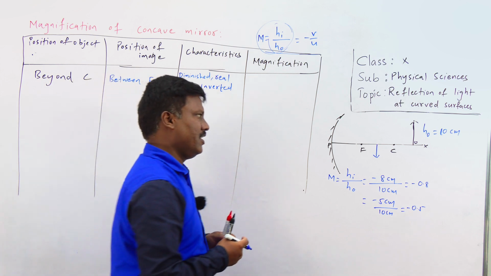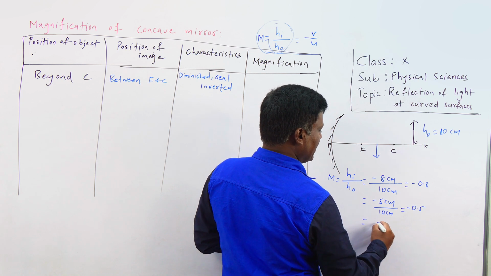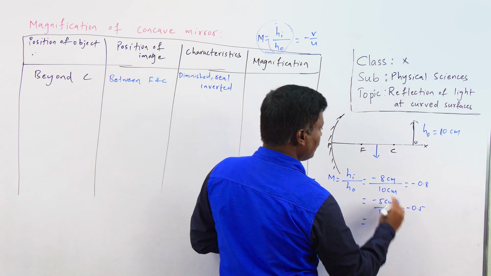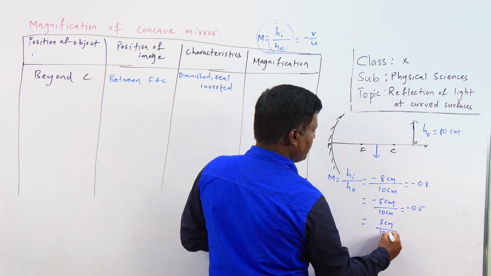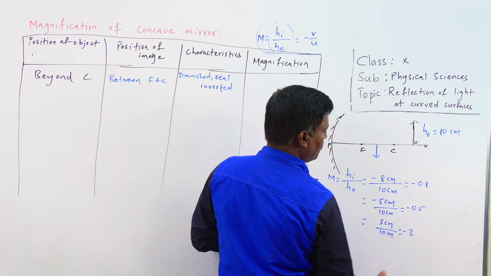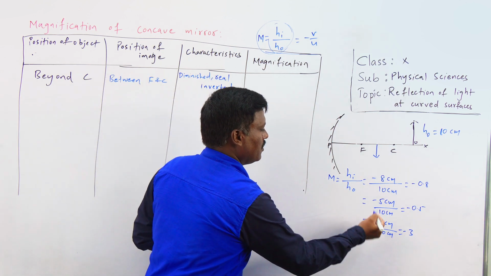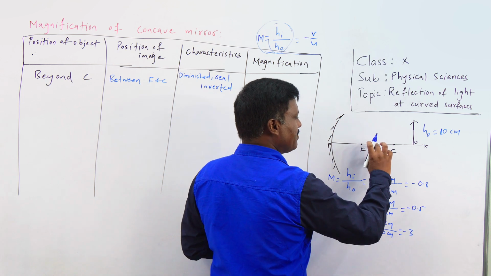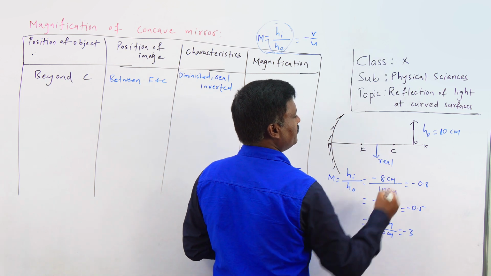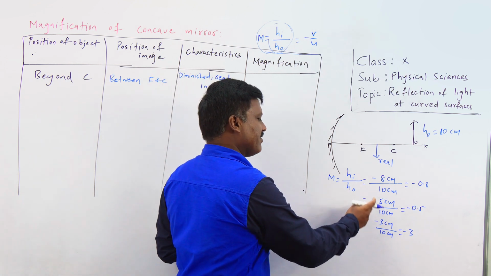And some students will say 3 centimeters. If I take 3 centimeters, the height of the object is 10 centimeters, so 3 by 10 is nothing but minus 0.3. Why am I taking this minus? Because the image is real and formed below the principal axis. That is why I am taking the sign convention negative.